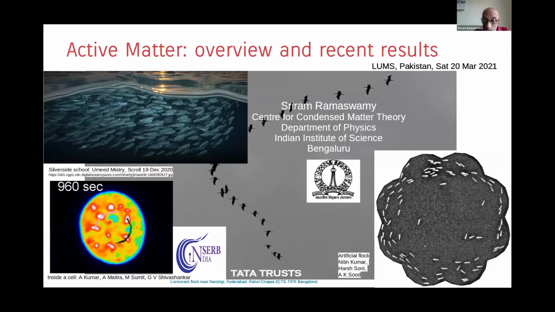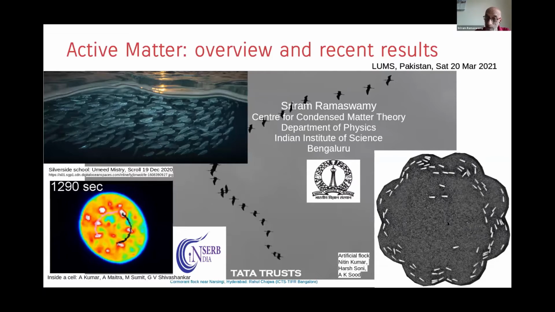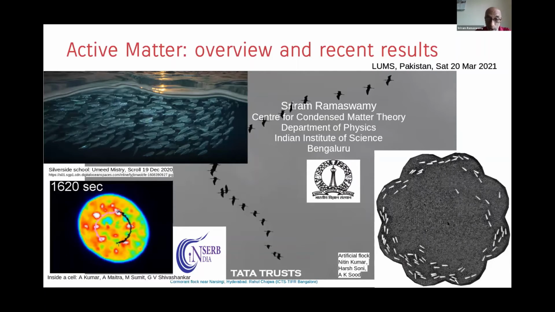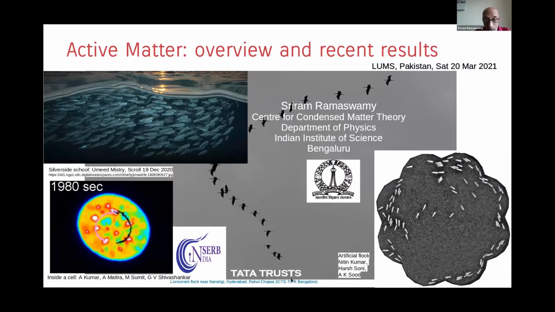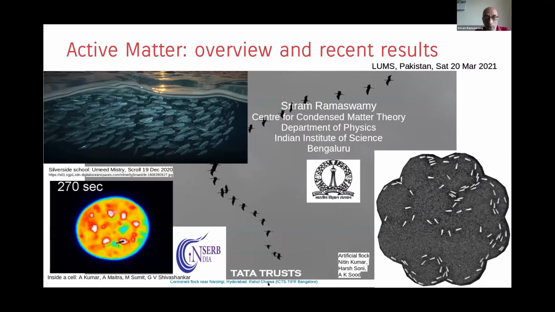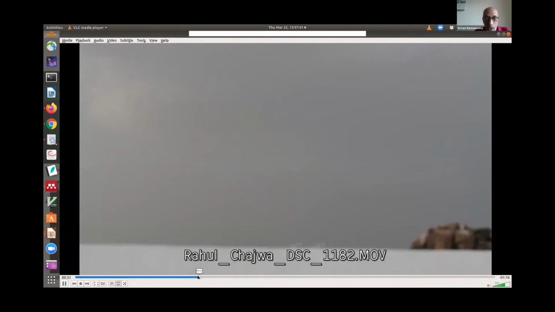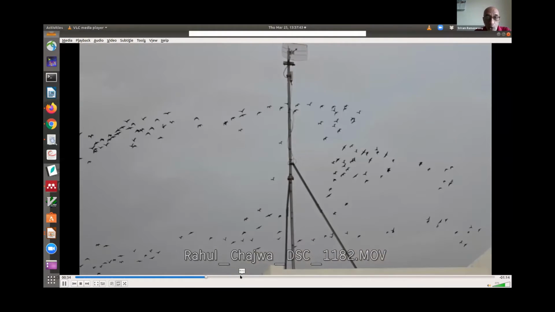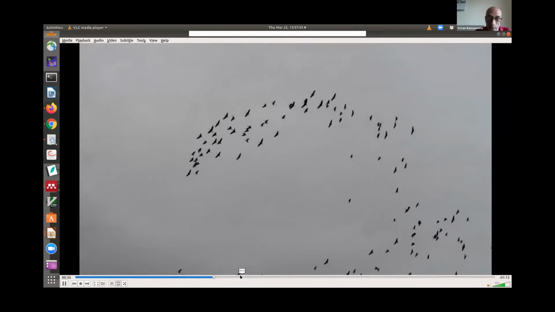These are artificial systems that I'll say a little bit about, systems that convert vibrational energy into walking. And these are bird flocks that I'm very fond of, that we saw in the sky over the old building that TIFR had in Hyderabad before it moved.